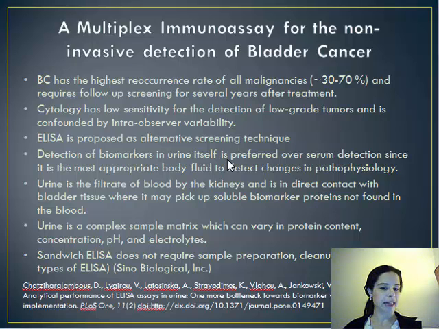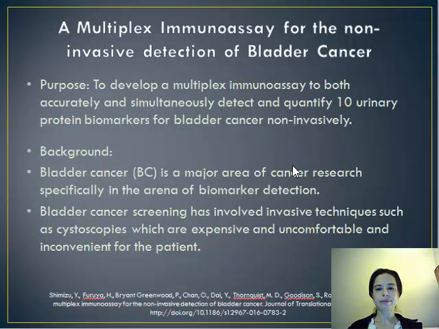However, urine is a very complex sample matrix, and it can vary in protein content, concentration, pH, and electrolytes. But, as I mentioned a little earlier in the talk, sandwich ELISA doesn't require the same amount of sample prep and cleanup, so you might have better results using this technique versus your standard direct or indirect ELISA.